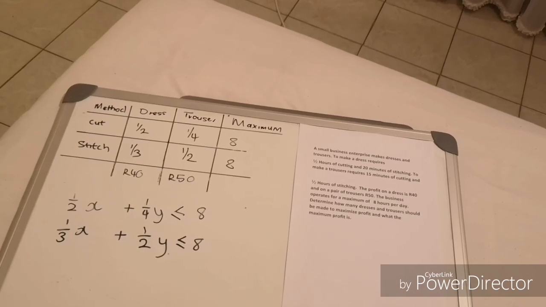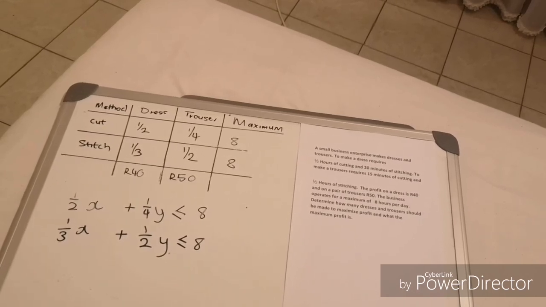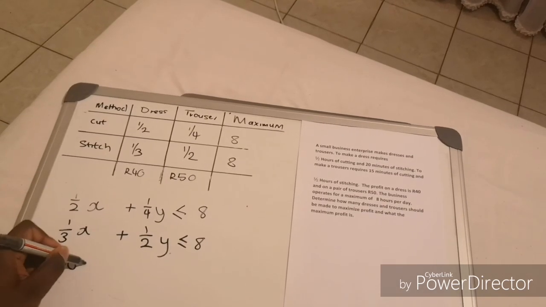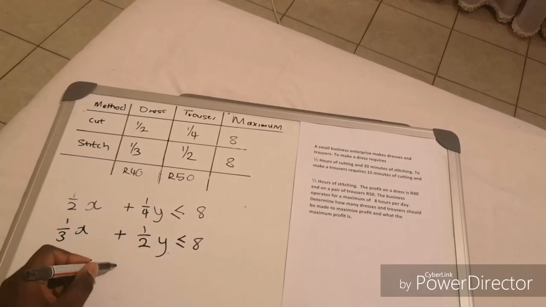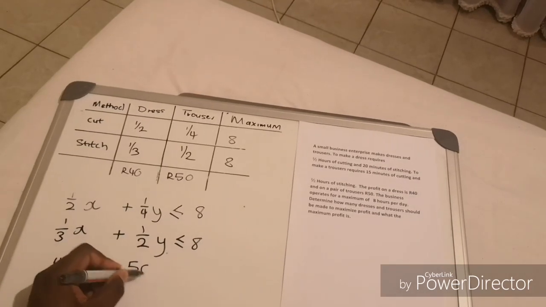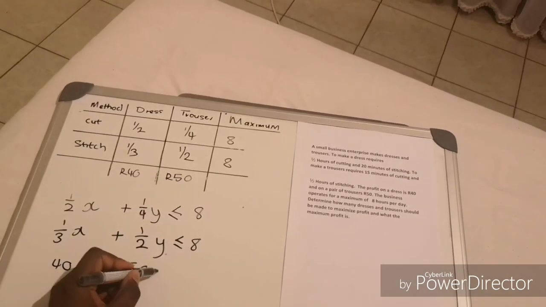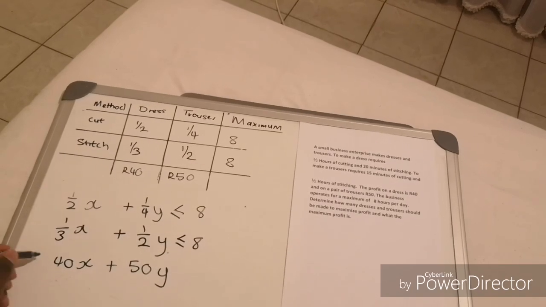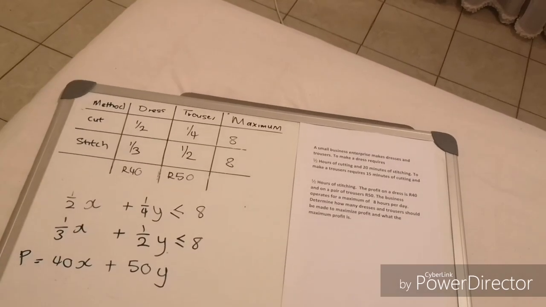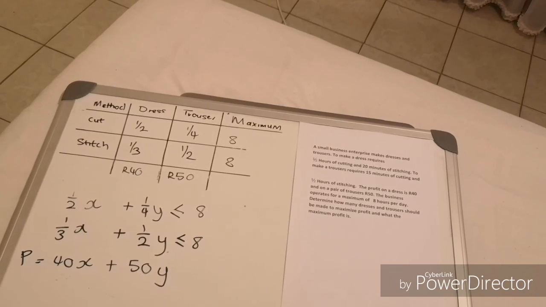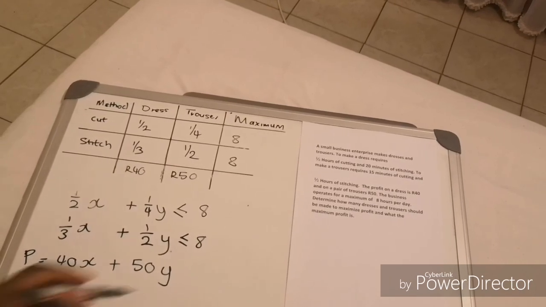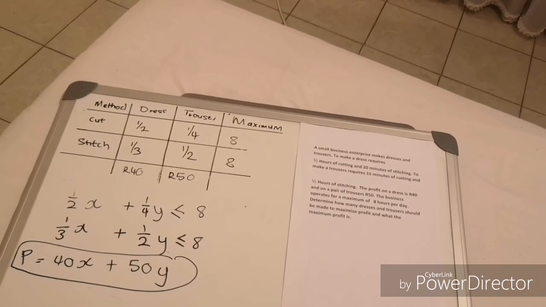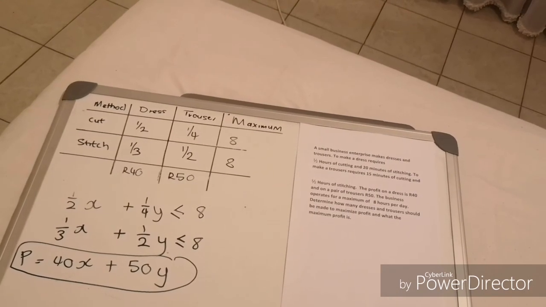That can also be broken down into the category where 40 being a coefficient of x can be added to 50 being the coefficient of y, and that will allow us to get the profit. So in terms of linear programming, this can be considered as the objective function.